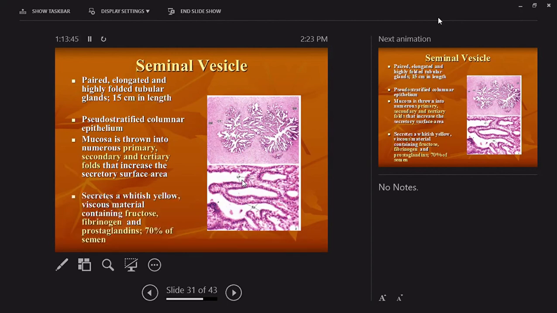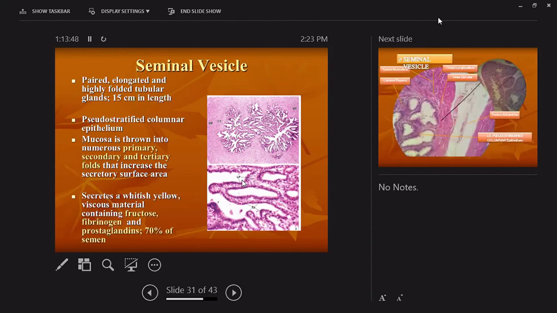So what is the secretion of your seminal vesicle? It secretes a whitish yellow viscous material containing fructose, fibrinogen, and prostaglandins. Your semen, gentlemen, 70% of your semen is produced by the seminal vesicle. Easy to stick in your mind: seminal vesicle gives 70%.